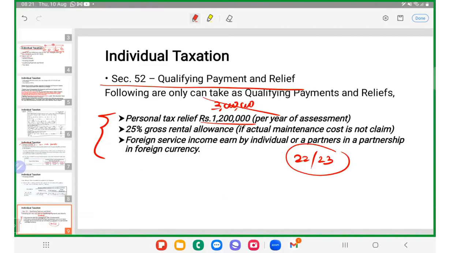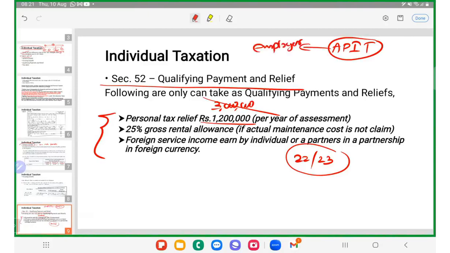At the same time, I will tell you something about the APIT. I forgot to tell, otherwise I will forget it. The only application of APIT you need to know is that APIT will be charged on any employment income over 100,000 per month. There is no need to get consent to deduct this APIT. The APIT will be held by the employer.